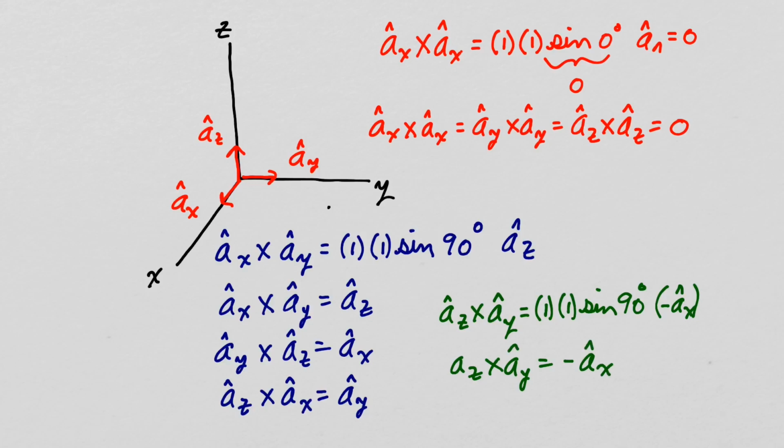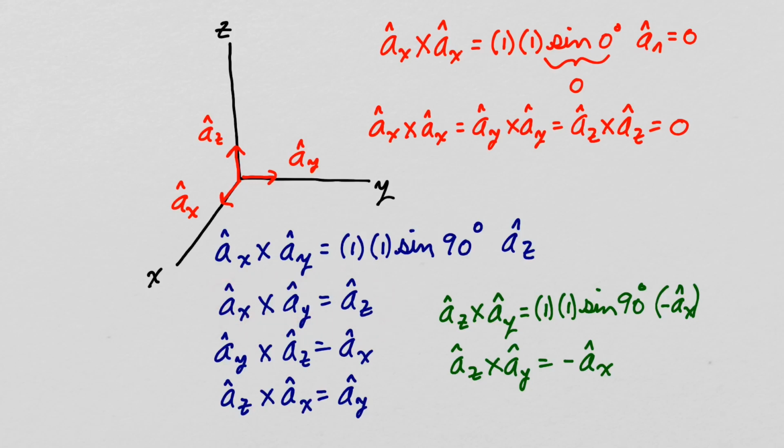I want to point out that we will always be working with right-hand coordinate systems. So it's very important when you draw your x, y, and z axes that this condition holds, that AX cross AY is equal to AZ.